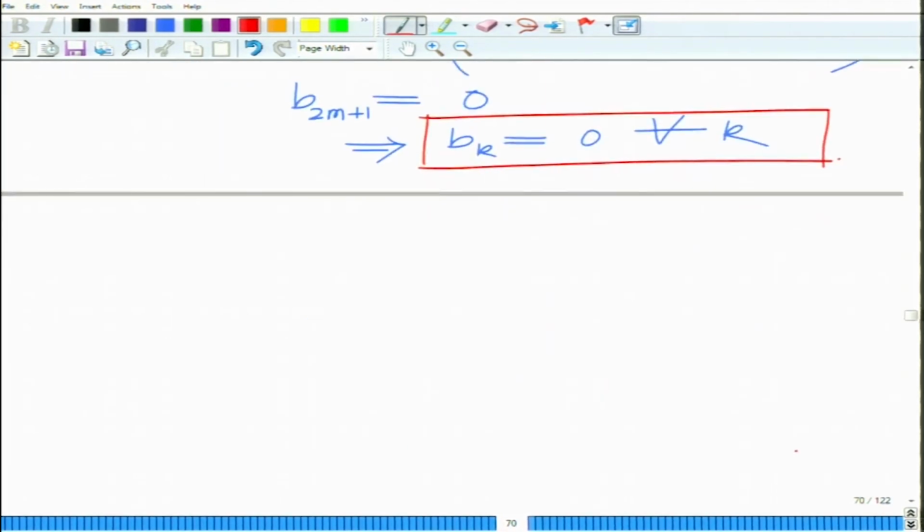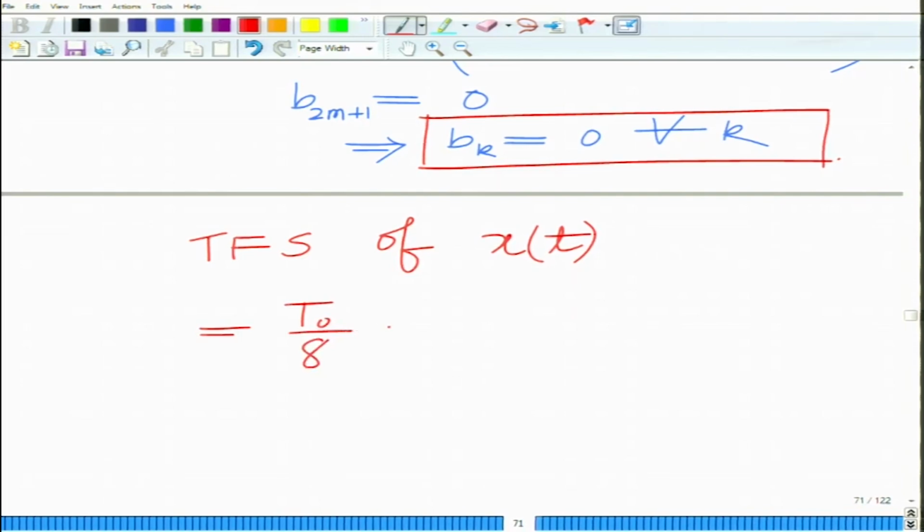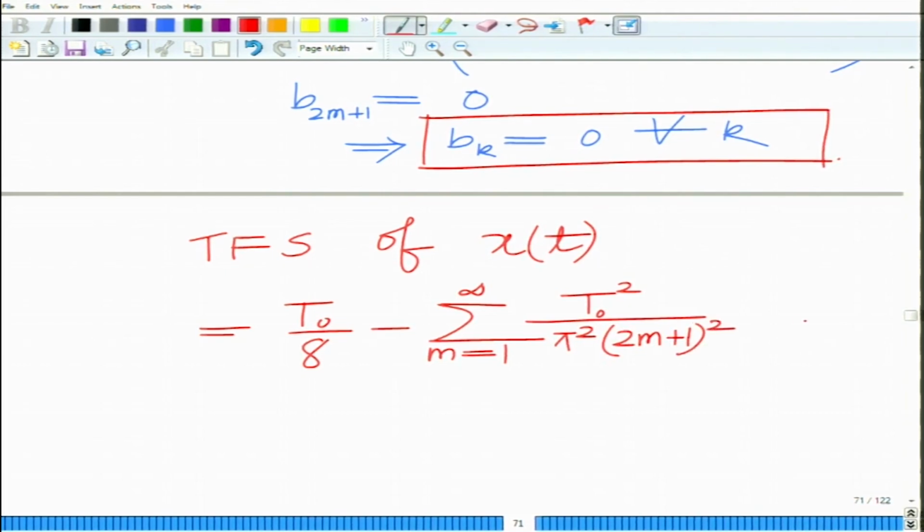Therefore, the TFS of the periodic triangular wave x of t equals T naught by 8 minus summation m equal to 1 to infinity of T naught square by pi square into (2m plus 1) square into cosine of (2m plus 1) omega naught t.